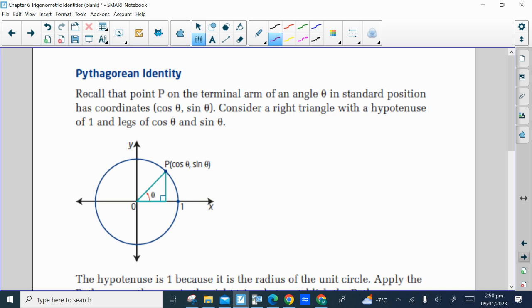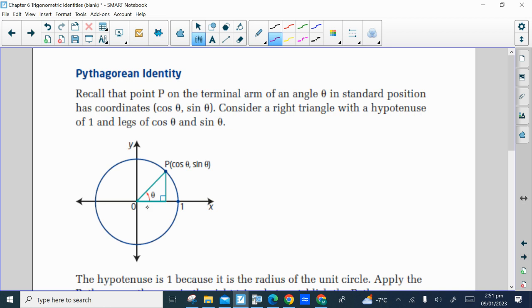So we've been using the unit circle. And remember, the unit circle is tied to the Pythagorean theorem. So from that, we're going to get what's known as the Pythagorean identity. Recall that point P on the terminal arm of an angle theta in standard position has coordinates cos theta, sine theta. Consider a right triangle with a hypotenuse of 1 and legs of cos theta and sine theta.